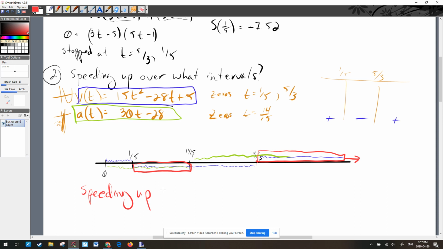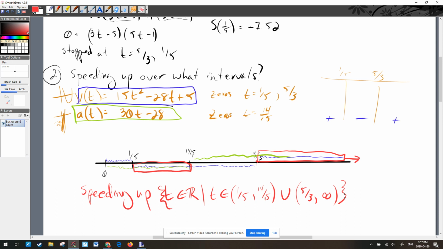That would be, let's just say, t a member of the reals, such that t is a member of 1/5 to 14/15, unioned with 5/3 up to forever. And there we go. So that's the region speeding up.